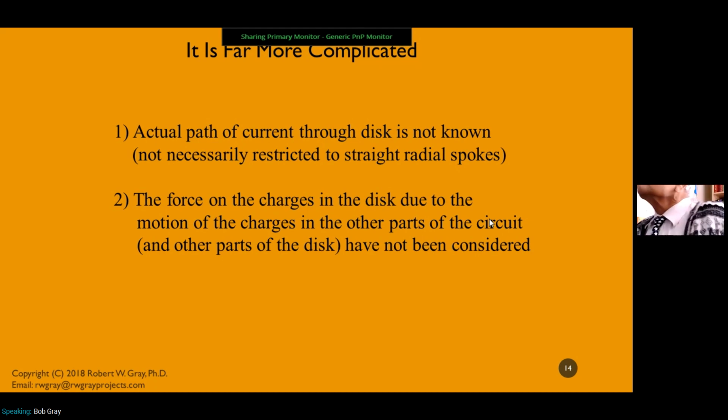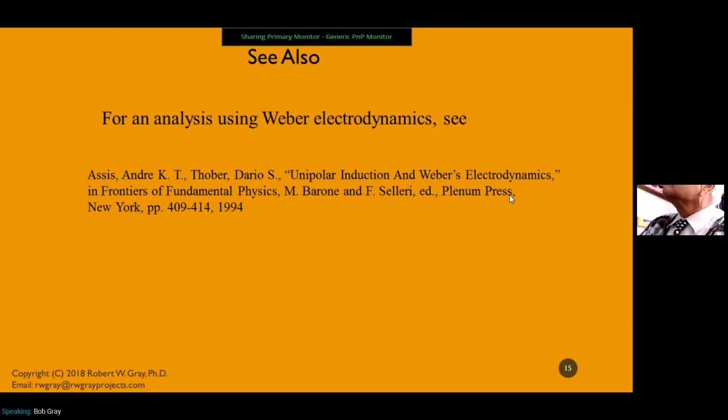And the force on the charges in the disk due to the motion of charges in other parts of the circuit, for example, paths 2, 3, and 4, which I showed in the previous diagram, those have not been taken into consideration. But once those charges start moving, then they're interacting with all the other moving charges. So the whole thing is more complicated. This has just been a simplification.